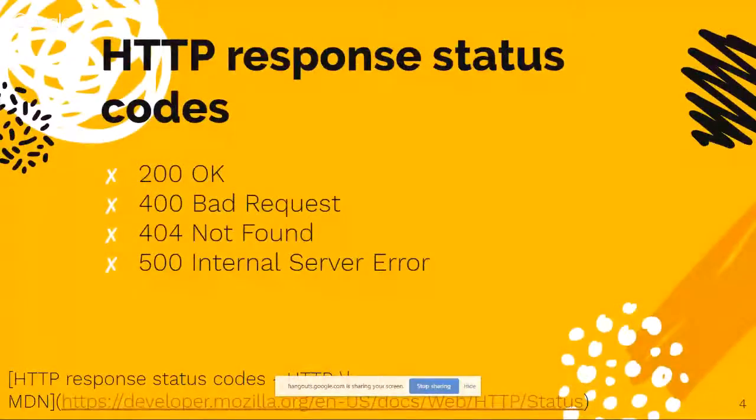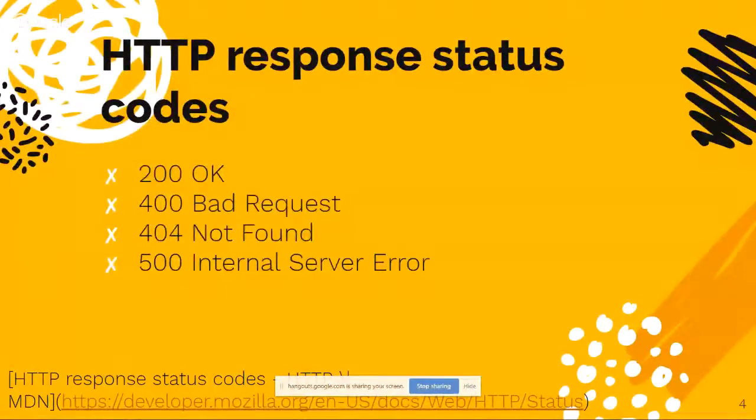When the server receives a request, it always returns a response. Each response has a code. I will not talk about each one because there are many response codes, but here are some of the most common ones. The first one is 200.